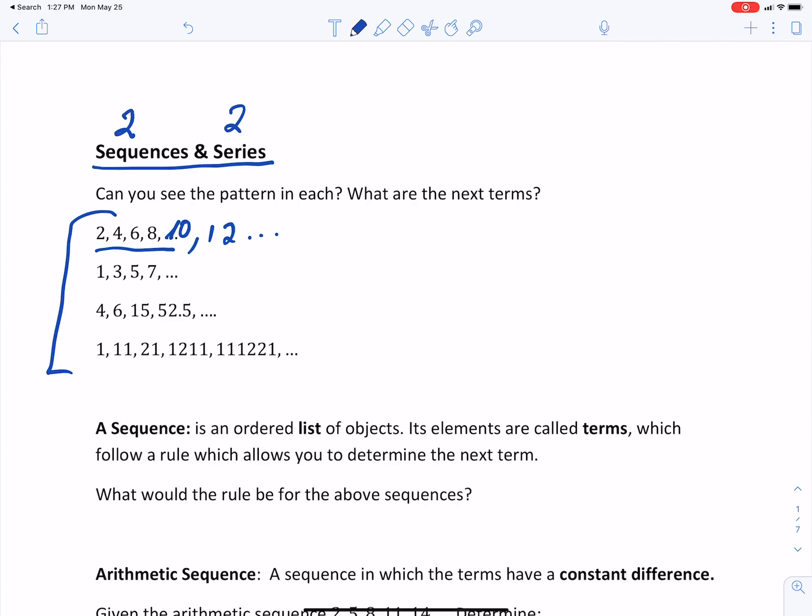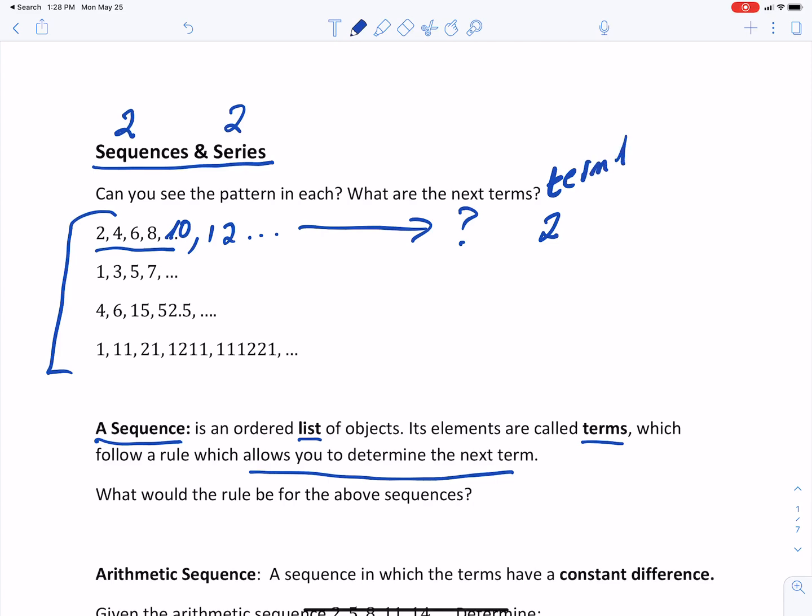So a sequence, by definition, is a list of objects. So in this case, it's a list, and I separate each element, each term, with a comma, and it follows a rule which allows you to determine the next term. So if I look at this first list, what's the rule that would define it? I would say, well, my first term is 2. That's term 1.